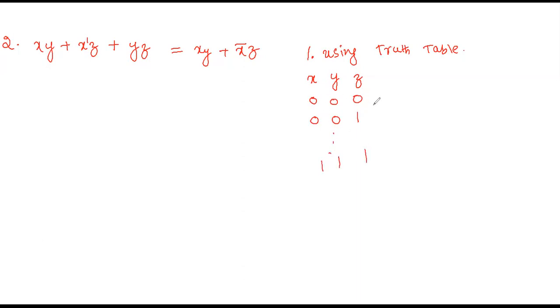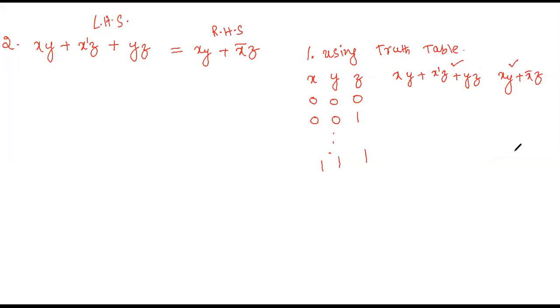For these combinations, we need to prove LHS is equal to RHS. So write down the expressions XY plus X bar Z plus YZ, and XY plus X bar Z. Now solve it and find the values, and if these two are equal, LHS is equal to RHS, hence proved.